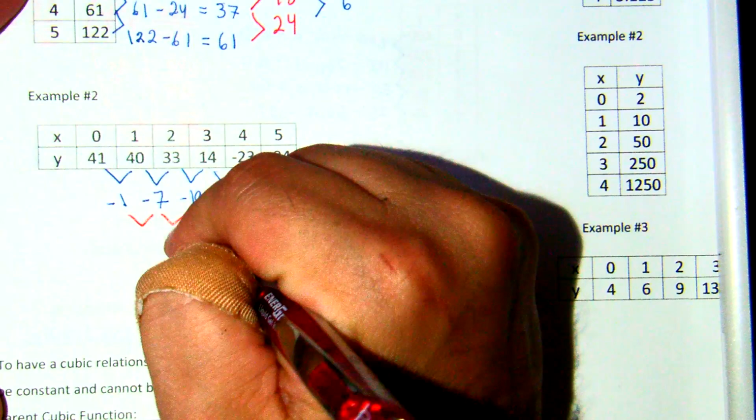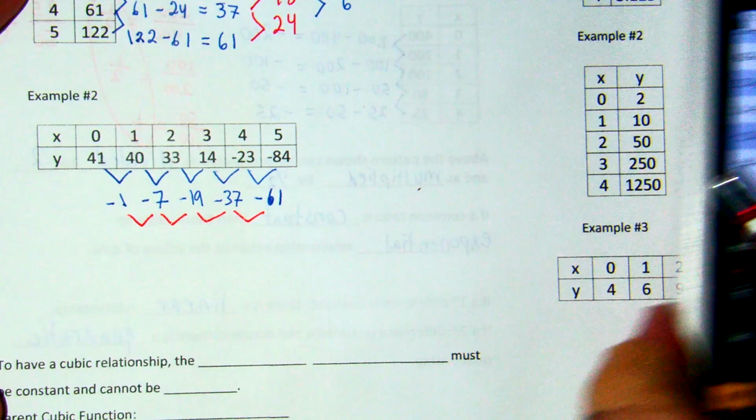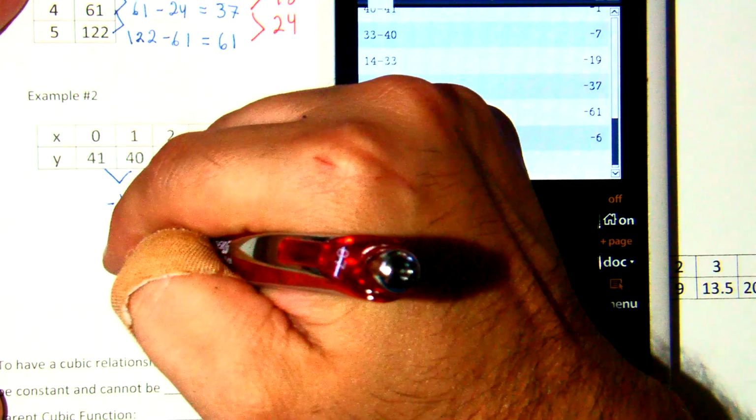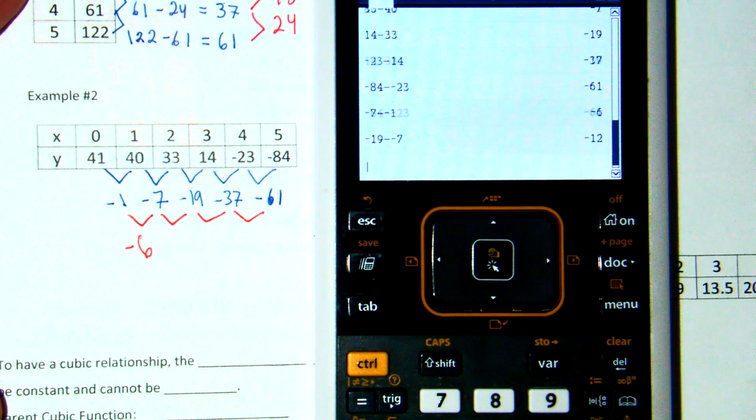What I can notice here is they're decreasing, and now we can go through. I'm going to do this one a little bit faster. So negative 7, subtract negative 1 is negative 6. Negative 19, subtract negative 7 is negative 12.